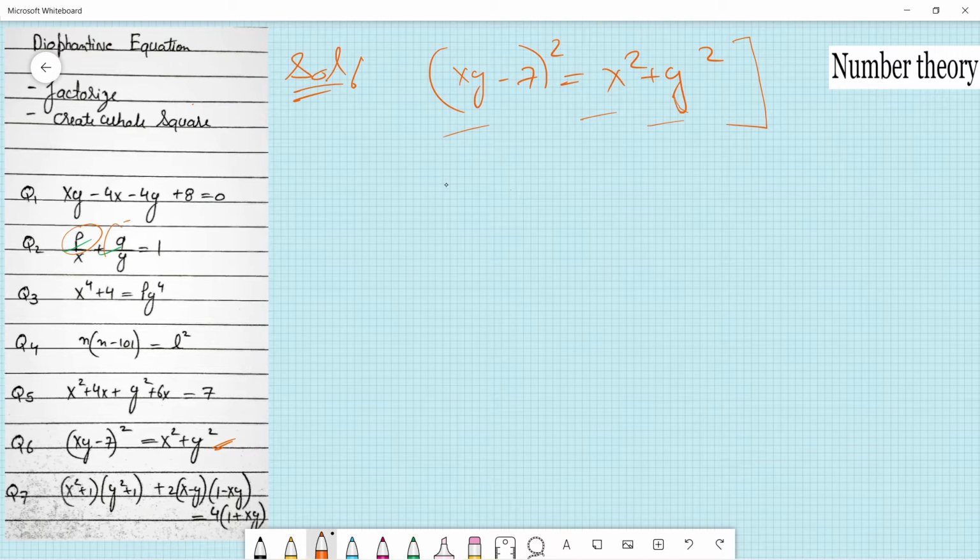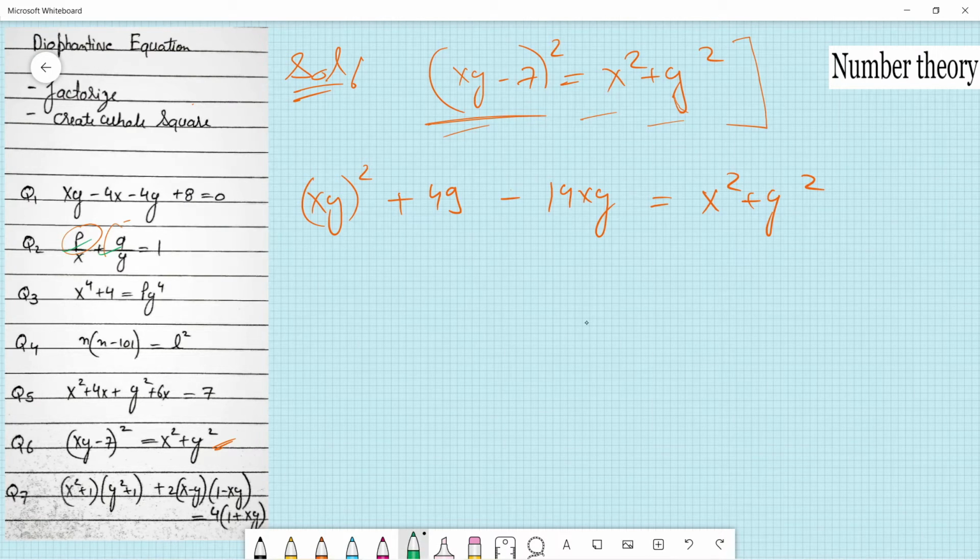So now let's see how we can get a number on the right hand side. What I'm going to do here is expand this term. So here I can write (xy) whole square plus 49 minus 14xy. Now I see that if I add 2xy here, this right hand side can become a whole square.